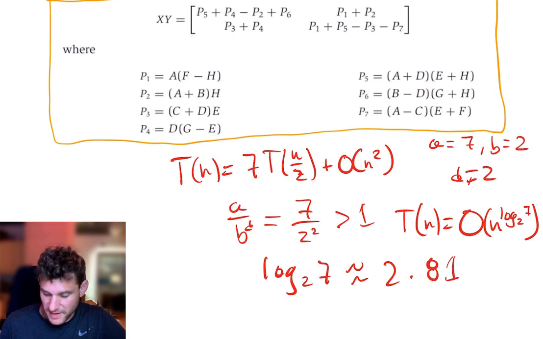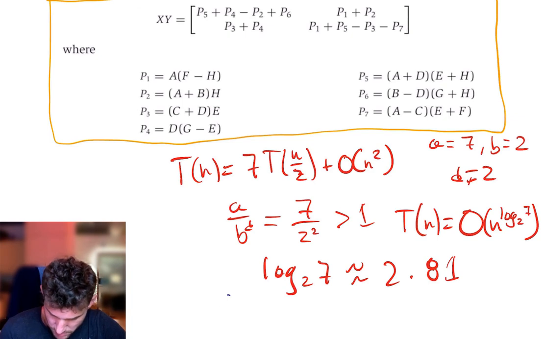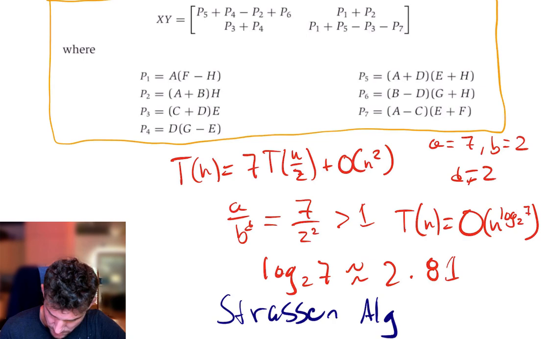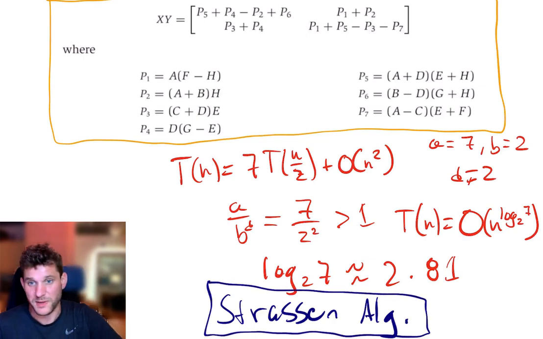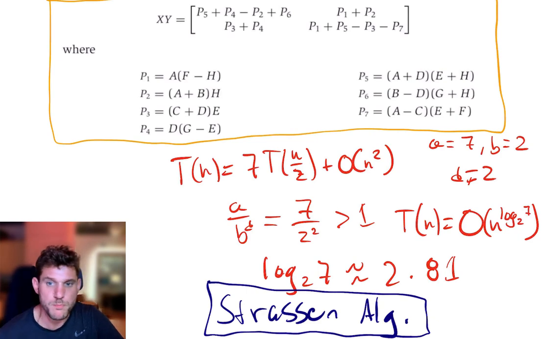I should emphasize that when this trick is used to do matrix multiplication, we call this the Strassen algorithm. It's a very well-known algorithm for matrix multiplication. And by the way, this is mostly the only algorithm that's really used in practice. There are faster algorithms for matrix multiplication, but they tend to be only theoretically faster, and you'd have to have very large n for them to actually be faster in practice.